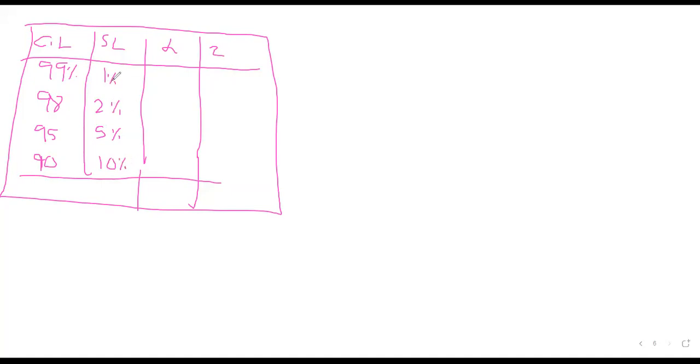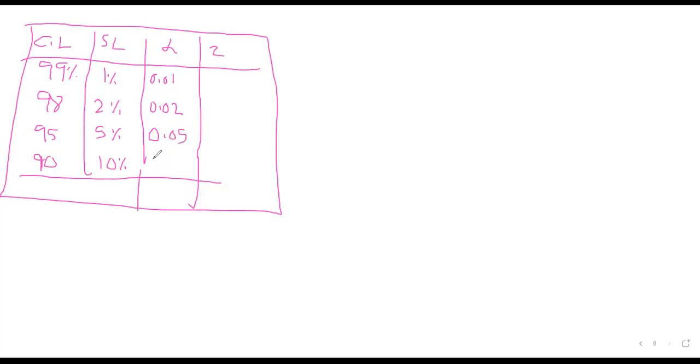When you divide this by 100, the name is called alpha. So what is our alpha here? 0.01. Here? 0.02. Here? 0.05.